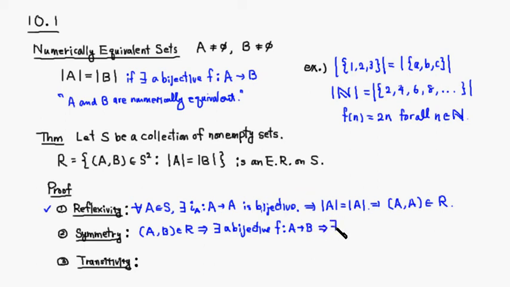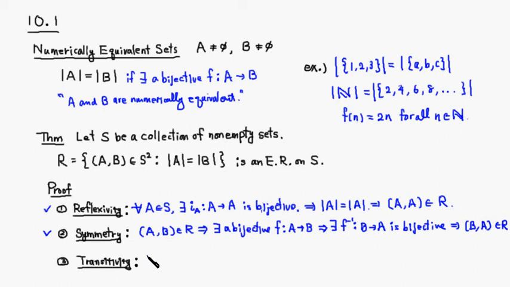So there exists the inverse function f inverse, which goes from B back to A, and if you have a bijection, the inverse is also a bijection. So B is related back to A by this relation. This tells you that it is symmetric.